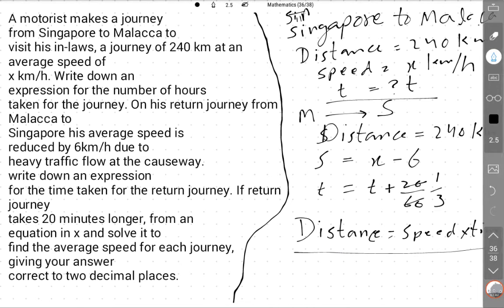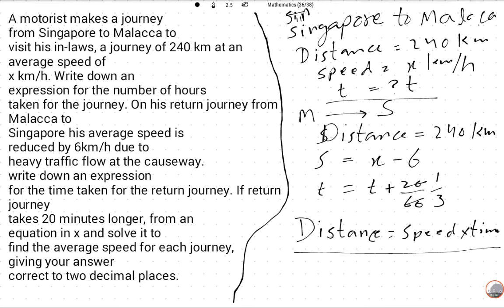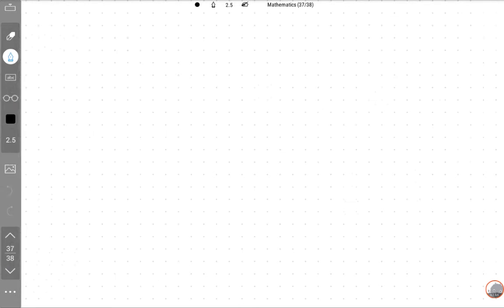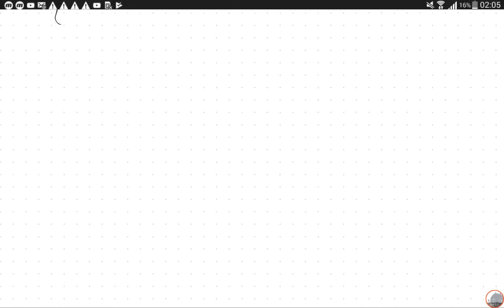Okay, because the distance is the same, obviously it will cover, and speed and time. Okay, so on the next page I am going to solve with respect to time, and you can solve with respect to speed, it's up to you.